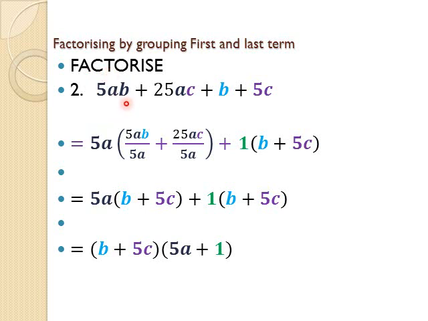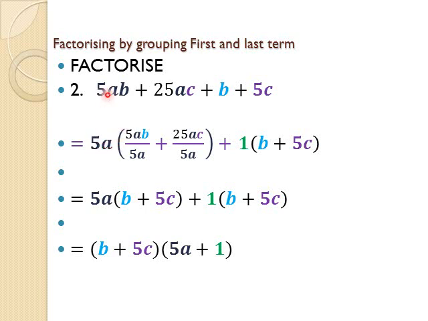So factorize 5ab plus 25ac plus b plus 5c. Right, so there you should see I have a and a. And you should know 5 can divide into itself and 25. So if I take out 5a, I'm just writing this as an extra step.